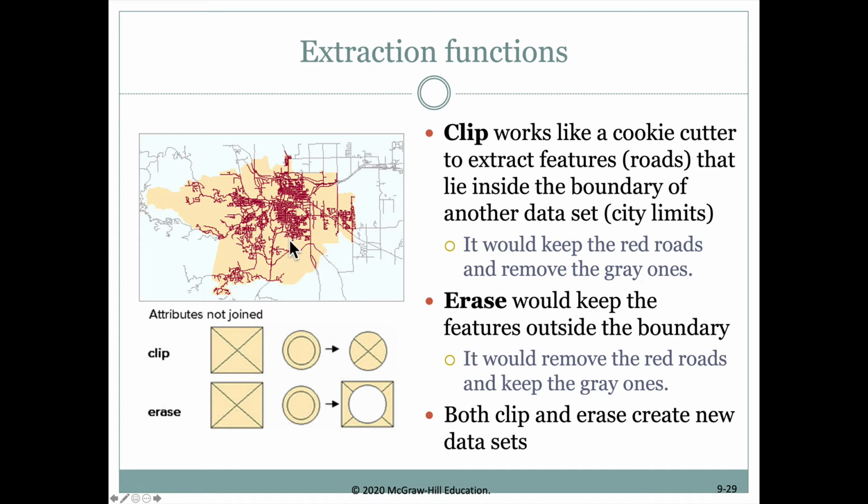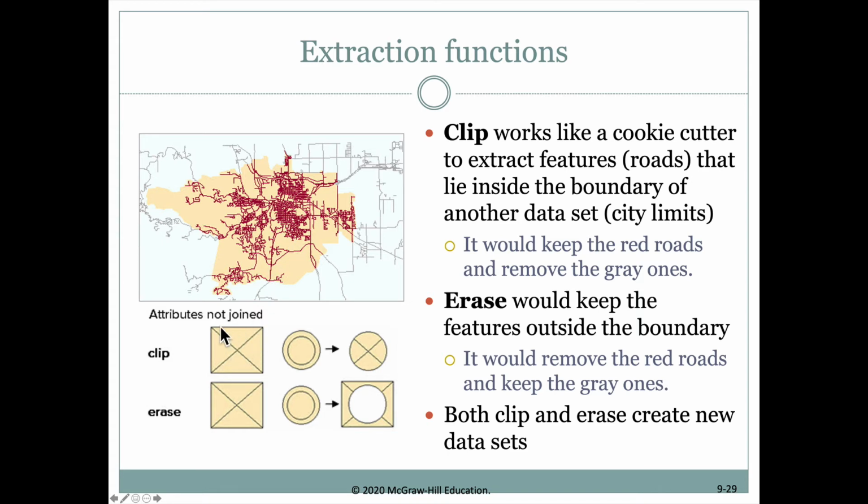The red would be the parts of those roads that fall within the city limit, and the gray would be the parts of the roads that fall outside the city limit. So we would be using the city limit as a cookie cutter to spatially select the lines that are within the city limit. Those are the ones represented in red here.